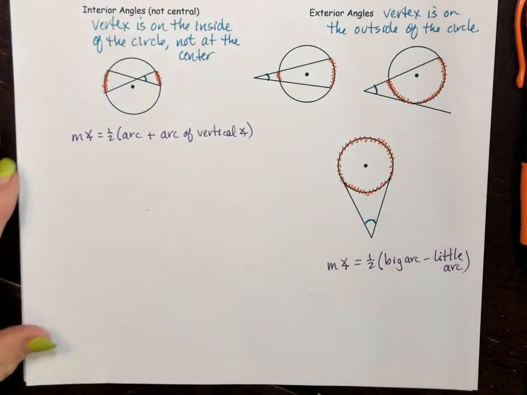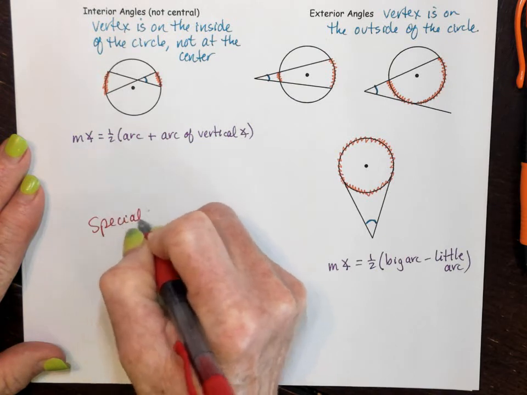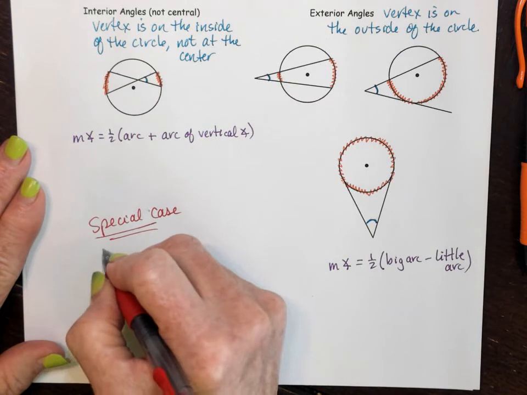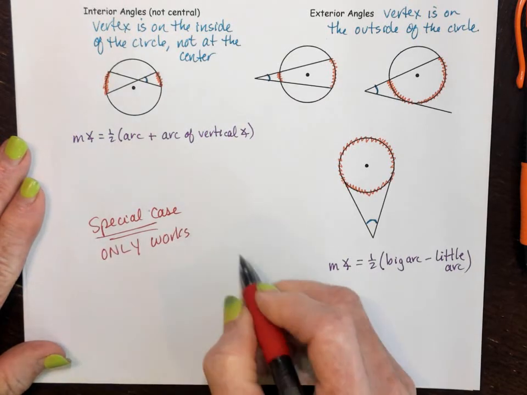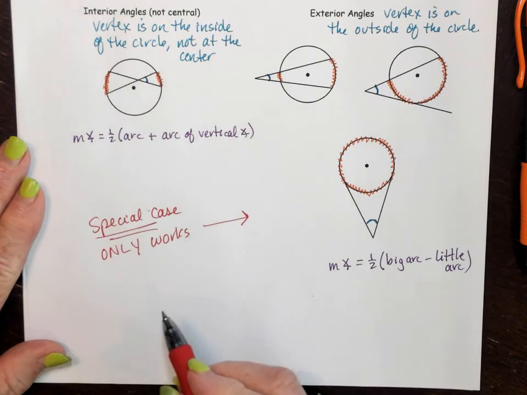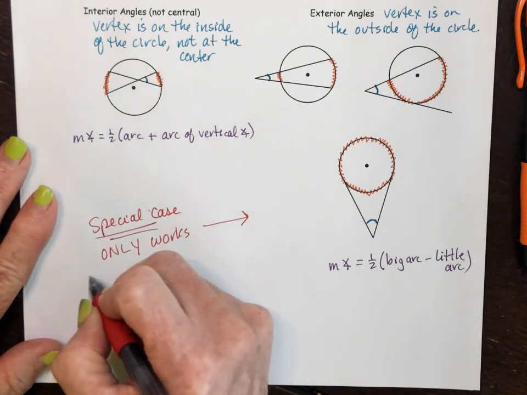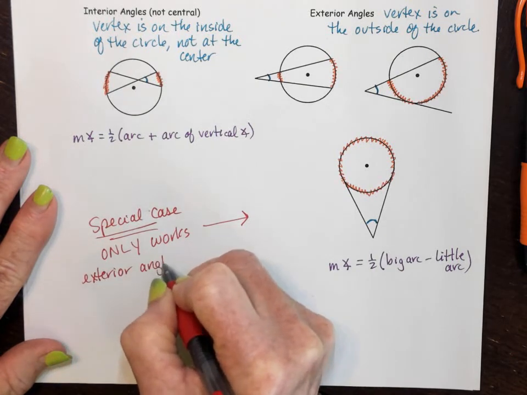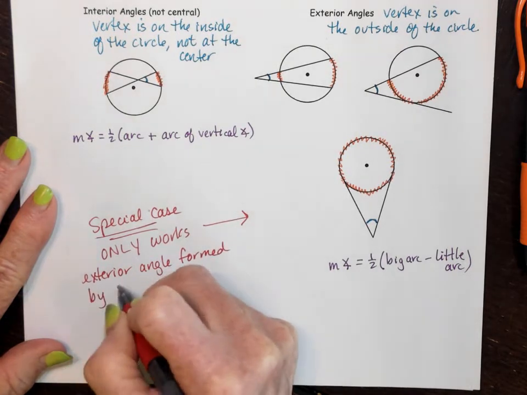Okay. Now, there is a special case, and it only works for that last situation, the ice cream cone exterior angle formed by two tangents.